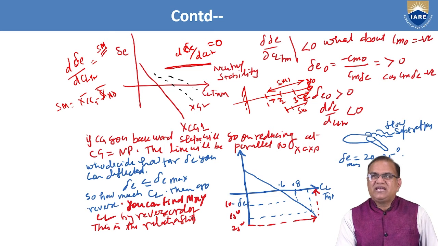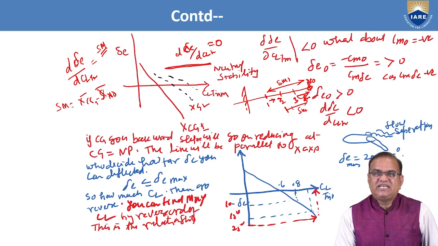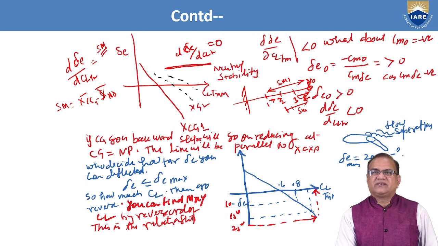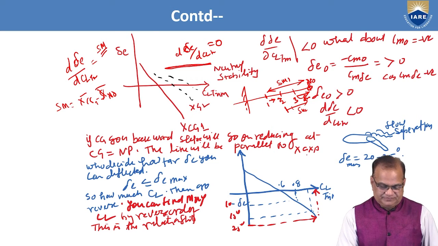So you are going to get a positive value. If CG goes back, the slope will go on reducing as I have shown, and when the CG is equal to NP, the line will be parallel to the x-axis.